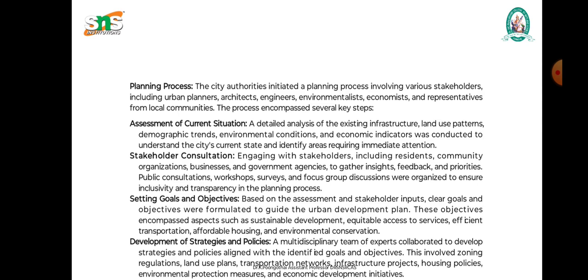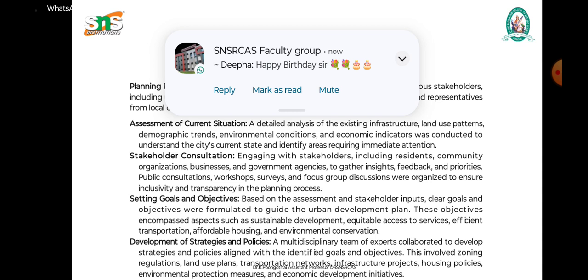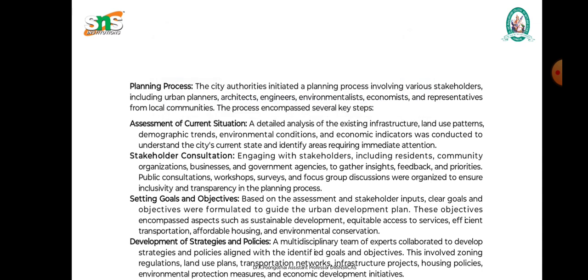Now there is a planning process. The city authorities initiated a planning process involving various stakeholders, including urban planners, architects, engineers, environmentalists, economists, and representatives from local communities. The process encompassed several steps.